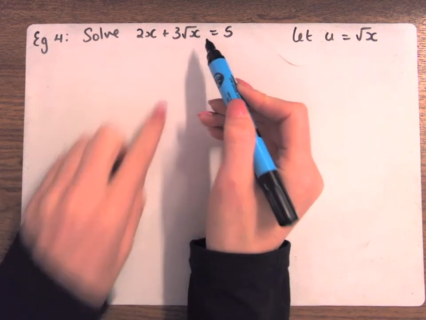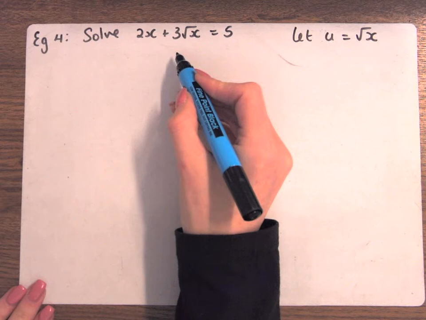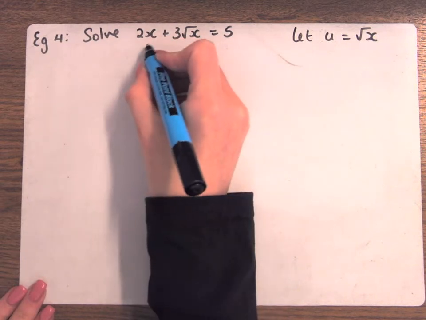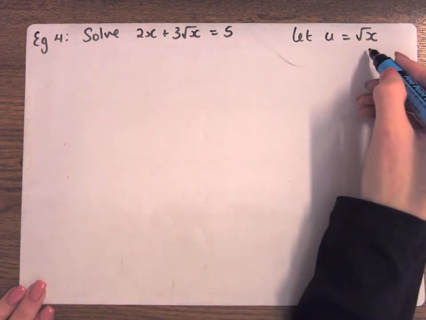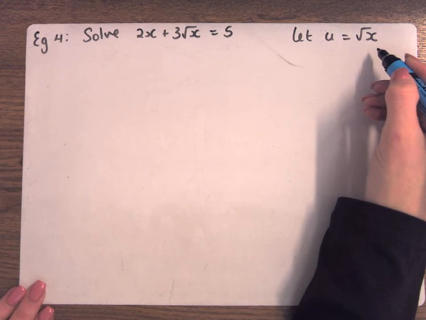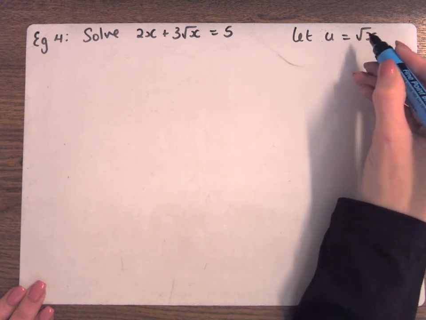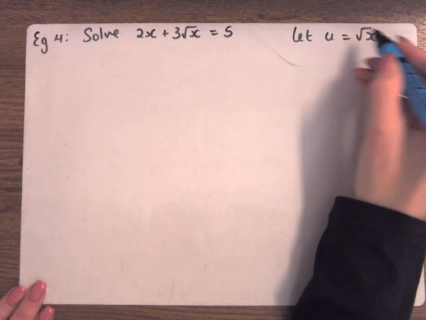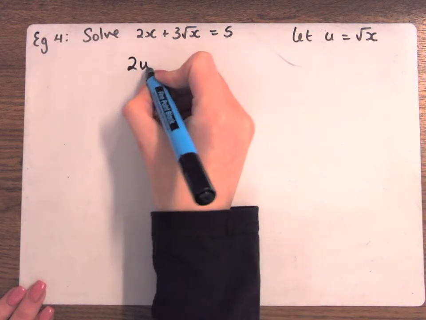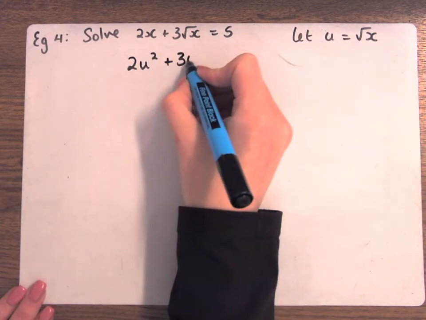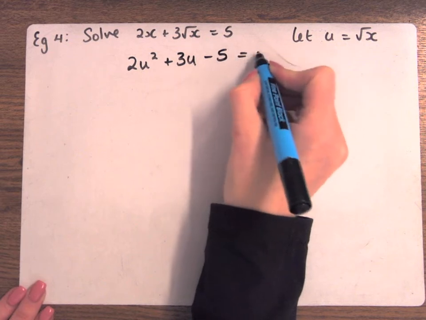So what we end up with is x. How would I get an x? Square this, wouldn't I? Square and square cancel and I'm left with x. And if I'm squaring this, I have to square this. So this is 2u squared plus 3u minus 5 equals 0.